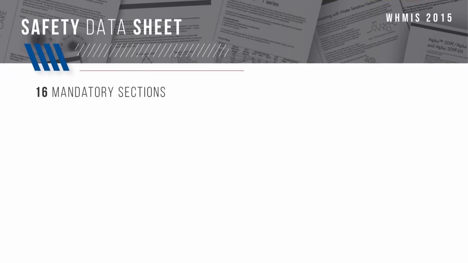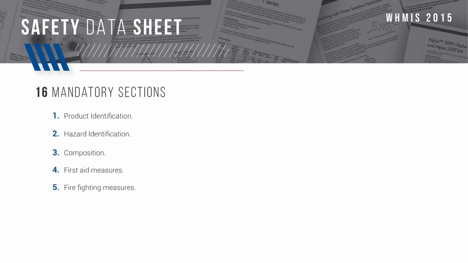The SDS sections are 1. Identification. 2. Hazard identification. 3. Composition information on ingredients. 4. First aid measures. 5. Firefighting measures. 6. Accidental release measures. 7. Handling and storage. 8. Exposure controls and personal protection. 9.